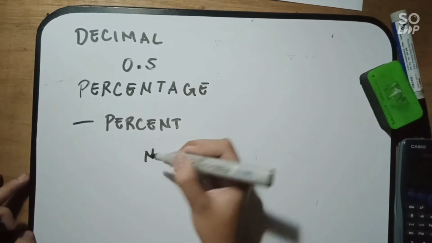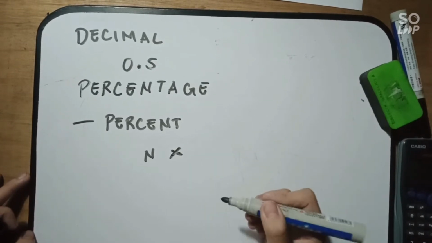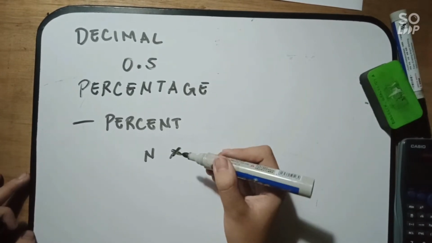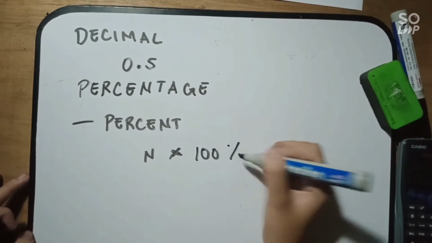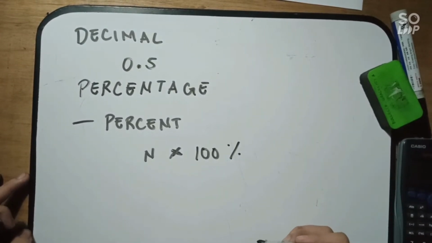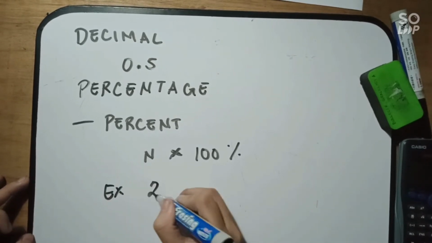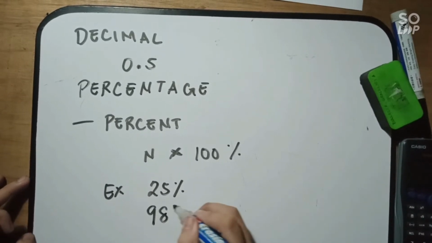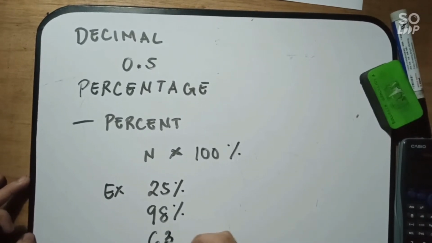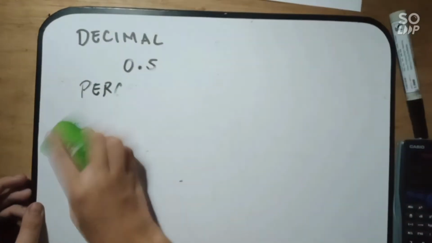Assume that n is a decimal number, it is multiplied by 100 with a percent symbol. Examples of a percentage are 25%, 98%, and 63%.